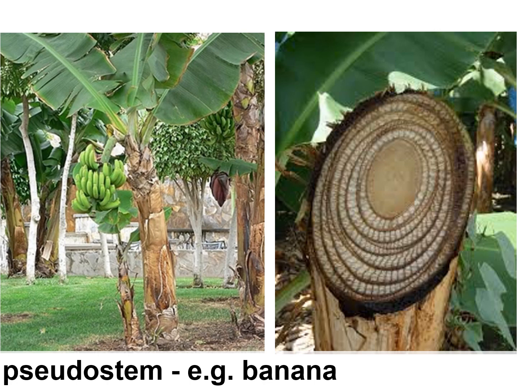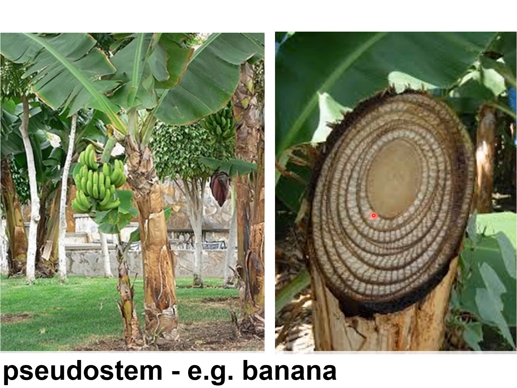The next is the pseudostem. Pseudostem can be found, for example, in bananas. Sometimes we get confused because we think that this is the stem, but it is the pseudostem. It is not the true stem. The pseudostem is formed by tightly packed overlapping leaf sheaths.